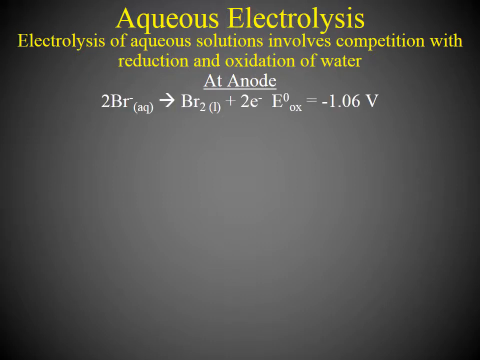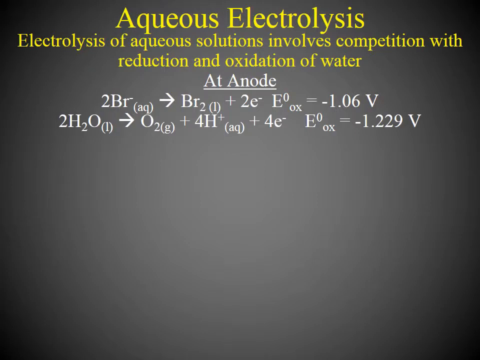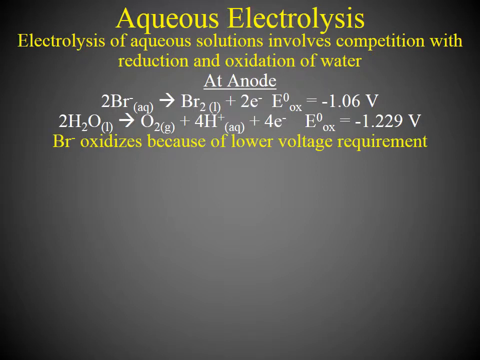At the anode, if I am trying to oxidize the bromide ion, from the table the oxidation of the bromide ion requires 1.06 volts, and I compare that with the oxidation of water, which requires a higher voltage.